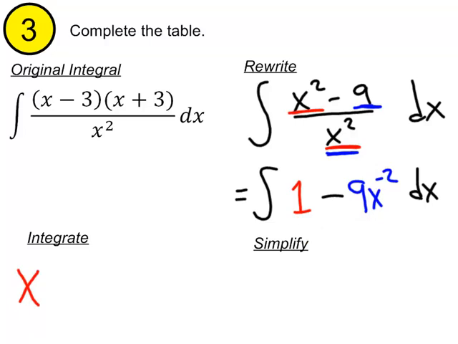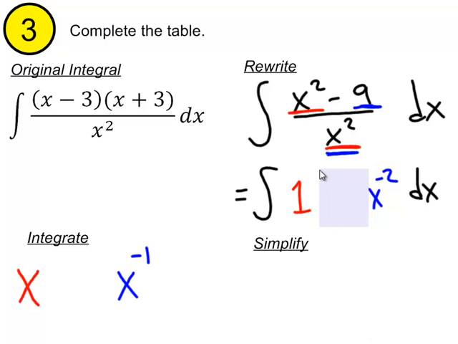Okay, as I've done in the previous exercise, I'm going to cover up that minus 9 for just a moment and focus on the x to the negative 2 power. So if I anti-derive x to the negative 2 power, be very careful of that negative exponent. Students often handle that a little clumsily. Remember, we want to add 1 to the exponent. So adding 1 to negative 2 is going to give us negative 1.